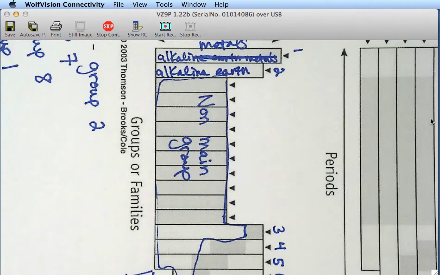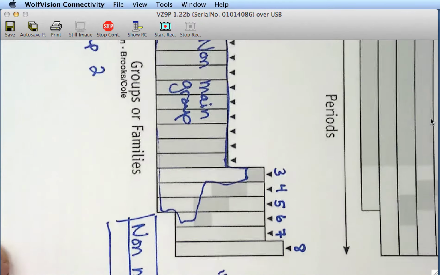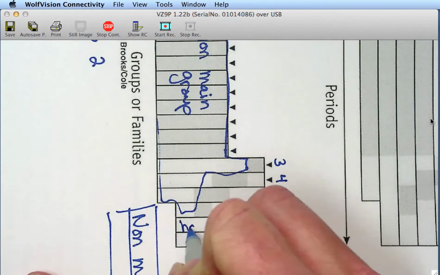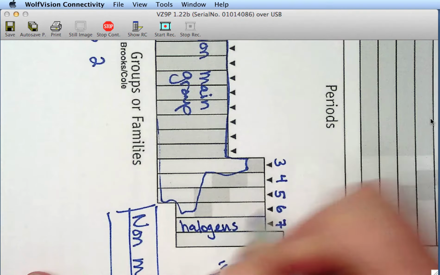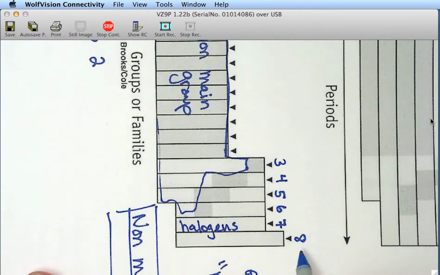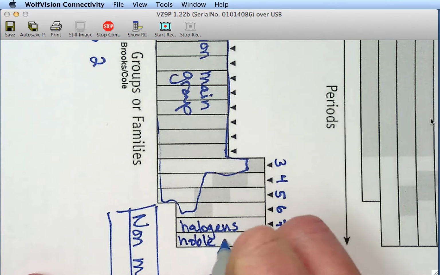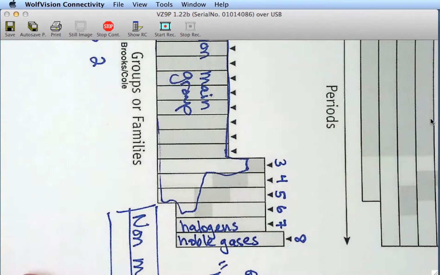That looks better. Then group 7 is your halogens. Group 8 is your noble gases. A lot of times students will confuse alkali metals and alkaline earth metals, which I just did, so use that as a cautionary example.